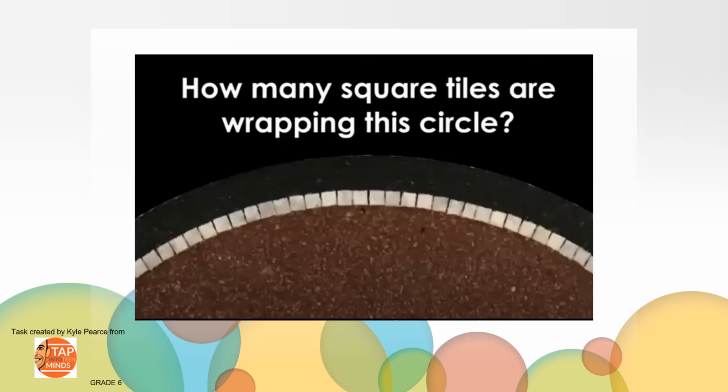Now that you've made an estimate or prediction, let's get a little more information about this circle to help us answer the question: how many square tiles are wrapped around the circumference of this circle?